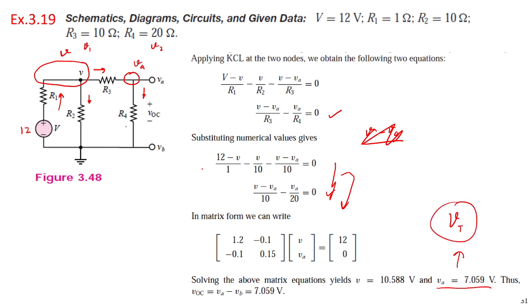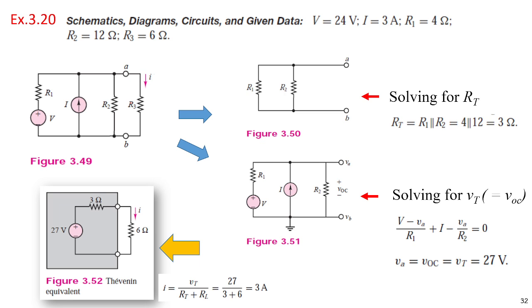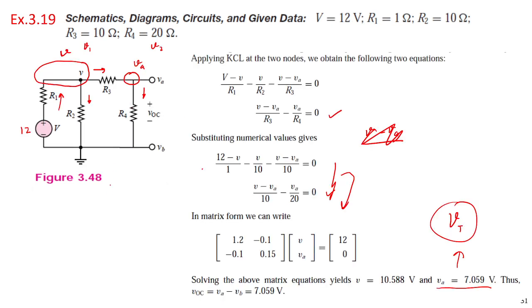So this circuit can be represented by a Thevenin circuit like this. This is 7.059 volt, and this is R Thevenin. To solve for R Thevenin, you short this part and you solve for the total resistance.